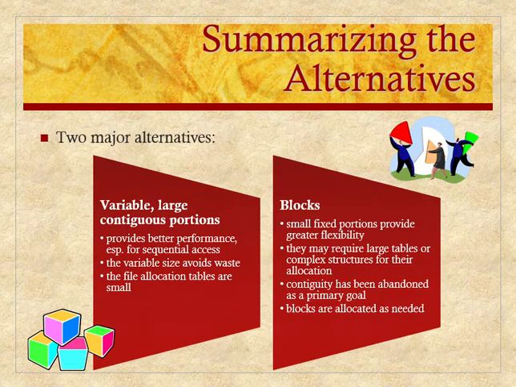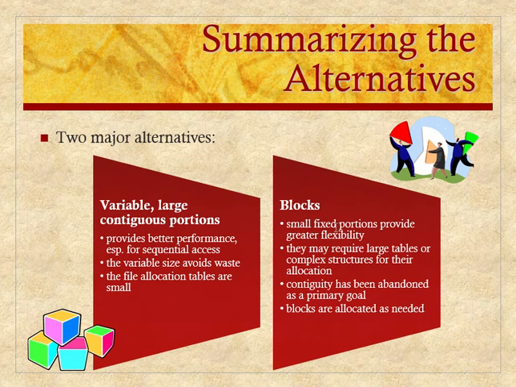So the two major alternatives to deal with the issue of portion size: first, variable large contiguous portions provide better performance for sequential access, and the variable size can avoid waste, and the file allocation tables are small.